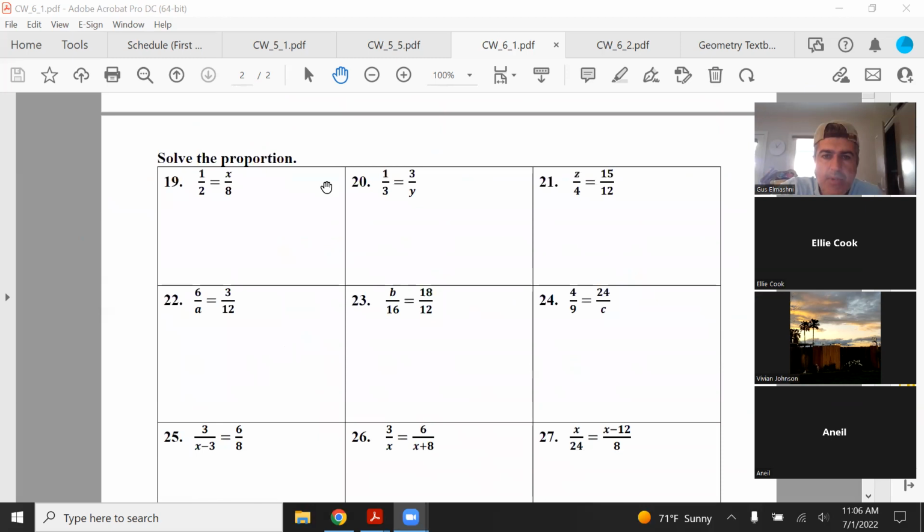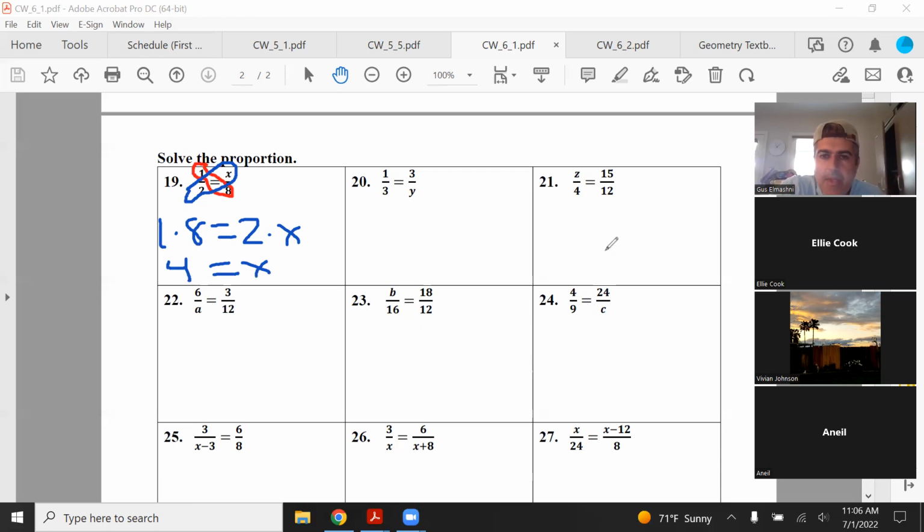Okay, solving proportions. I talked about this earlier in this lesson. You want to cross multiply. So 1 times 8 equals 2 times x. X is 4.